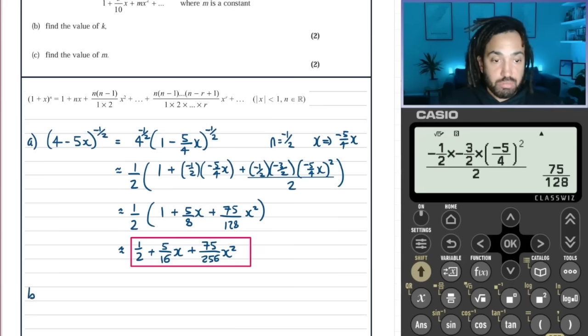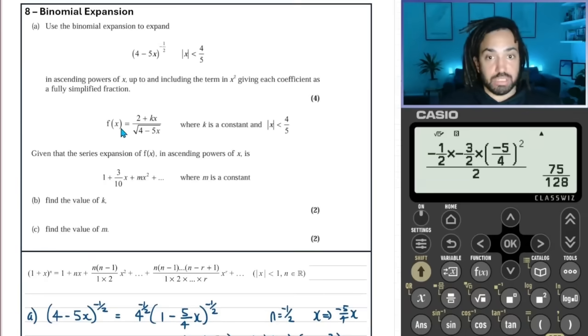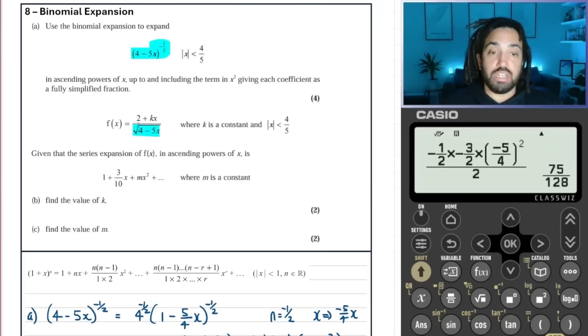Great. So now we look at part B, and it says that, oh, wowza. So we've got this function, which the bottom bit is exactly the same as that, because the negative power puts it at the bottom and the half power square roots it. So all we need to do then is times our blue expansion through by this, which is 2 plus kx.